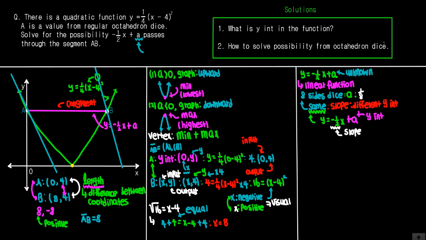So first of all, let's think about the first case. It should pass through A, which is the starting line. If you think about the coordinate of A, it is (0, 4), where our y value is equal to 4. So our first function is y equals -1/2 x plus 4.